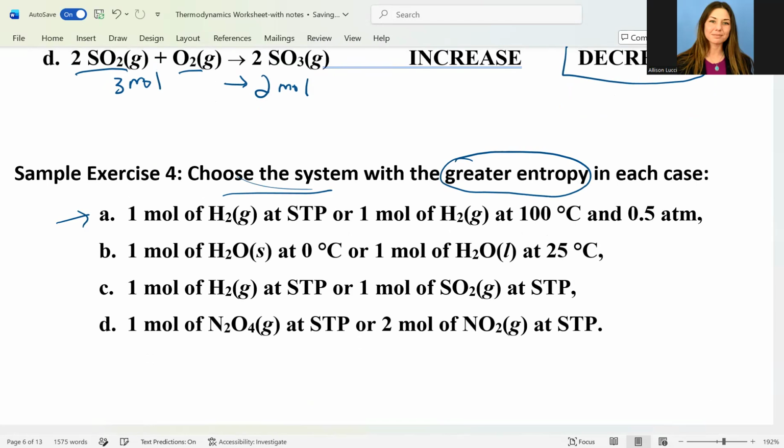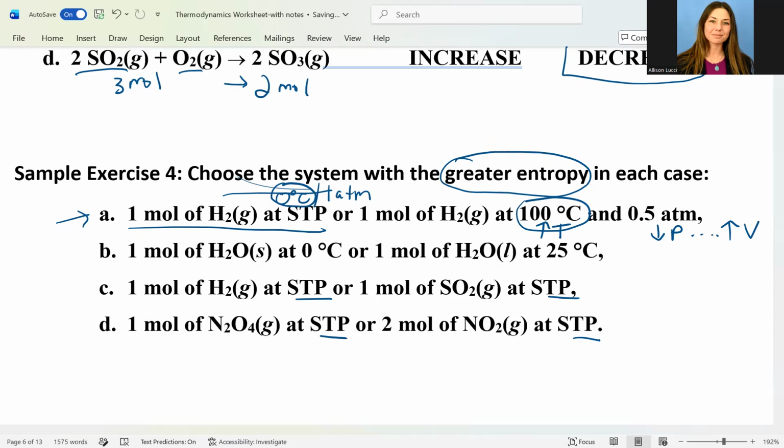So in part A, we have these conditions. So 1 mole of H2 at STP. So if you recall, standard temperature and pressure would be 0C and 1 atmosphere. So anytime STP is referenced, these are both the same, the last two, but that's what we would consider or compare. So let's compare temperature over here, 0 to 100. So an increased temperature over here and a decreased pressure, which would imply an increase in volume. Pressure and volume are inversely related.